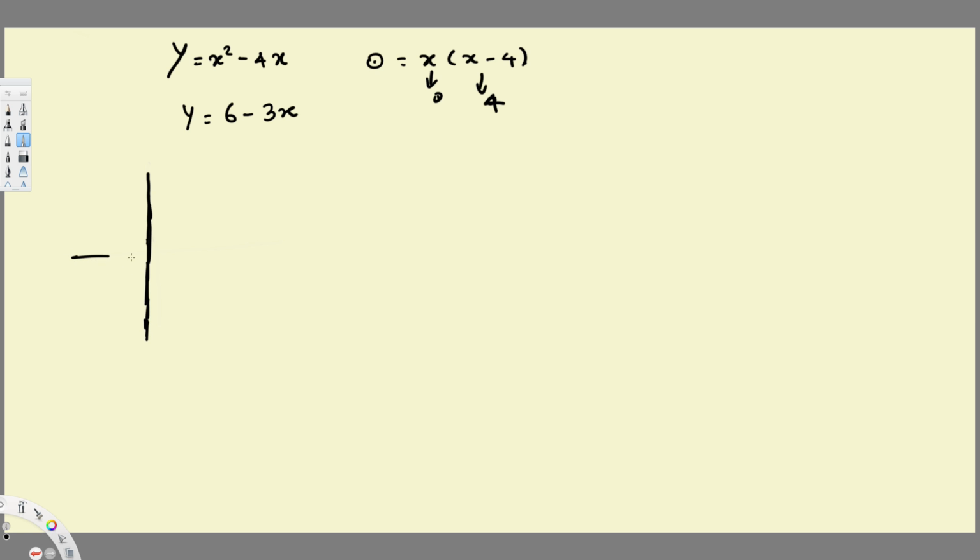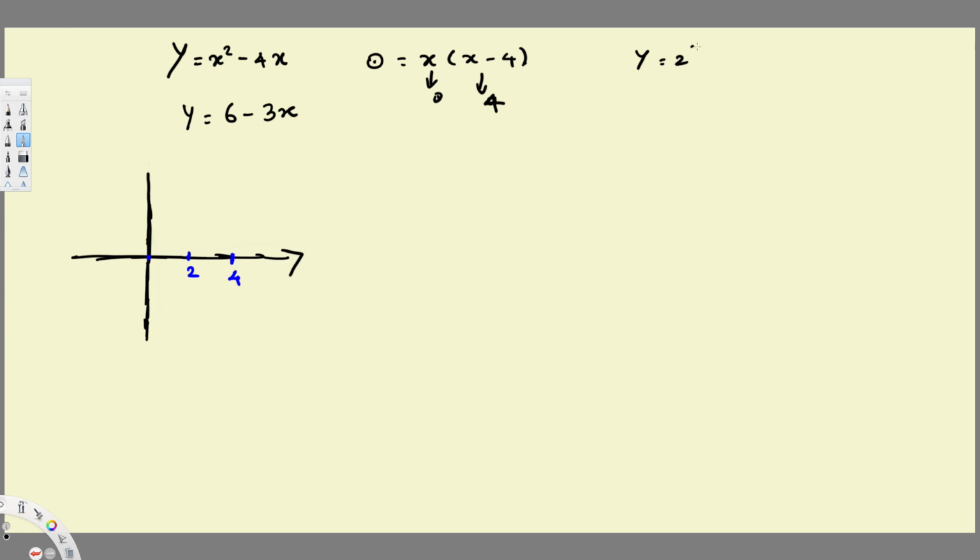So let's draw a diagram right here. If it's 0 right here, and then 4, this is going to be the middle part. So in the middle part, we know that it's going to be 2, right? So if I plug 2 for the x value, we can find the y value during that interval.